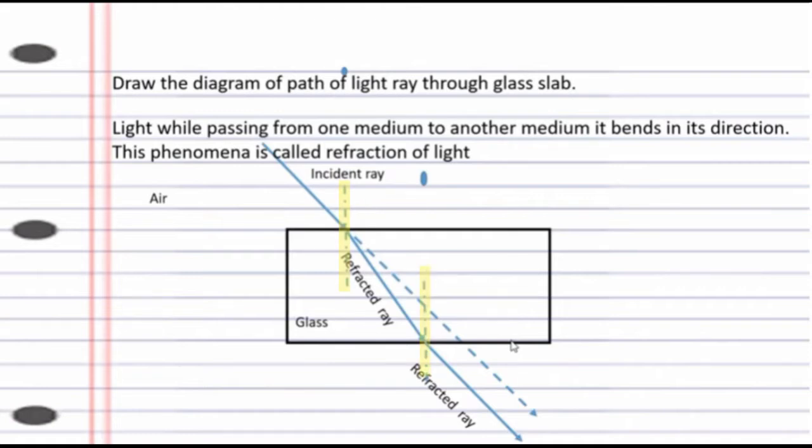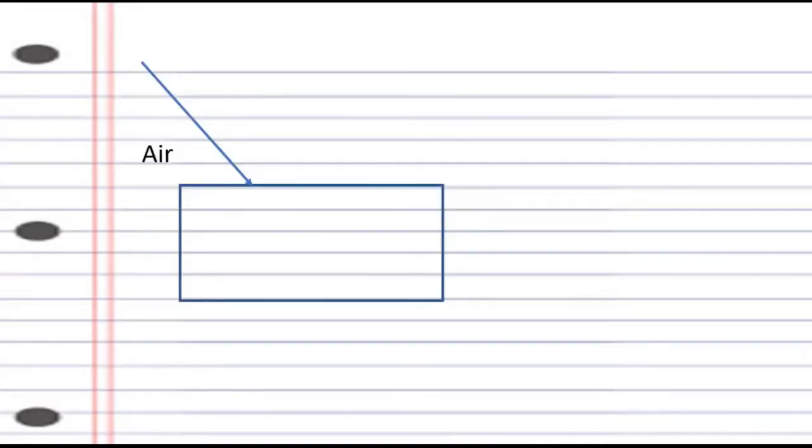In fact, we have two normals drawn at two different points, and those are perpendiculars drawn at the plane of the glass slab. When the light ray moves from the medium air and strikes the glass slab, we have two media, air as well as glass.